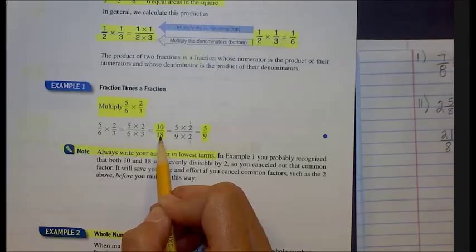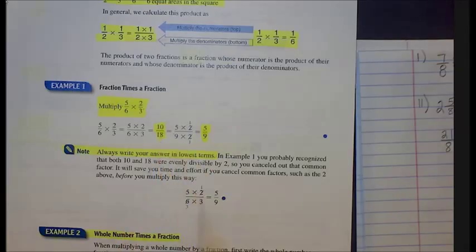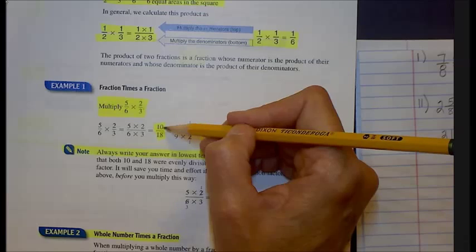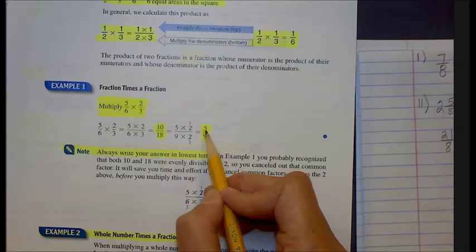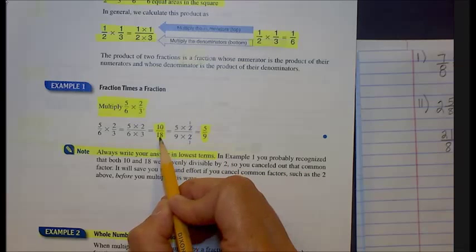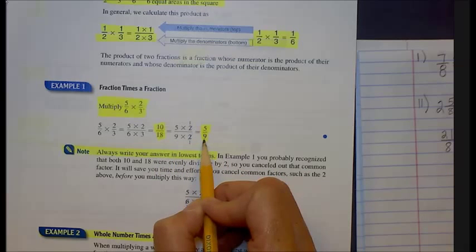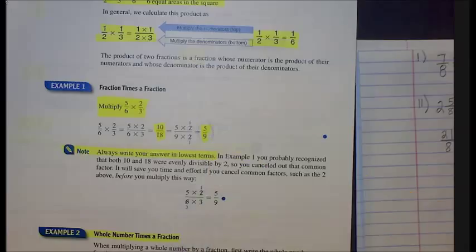You'll notice that we can divide the top and the bottom by 2 evenly, right? So we can divide the top by 2 to get 5, and we can divide the bottom by 2 to get 9. So your lowest terms here would be 5/9, okay, when we multiply that together. Okay, so again, always remembering to put it in lowest terms.